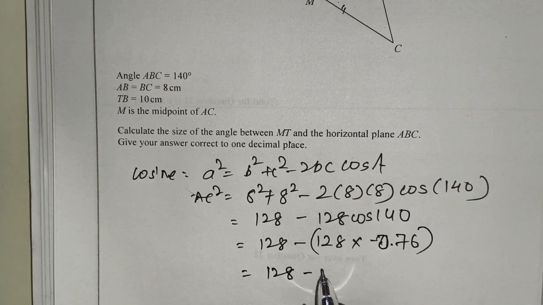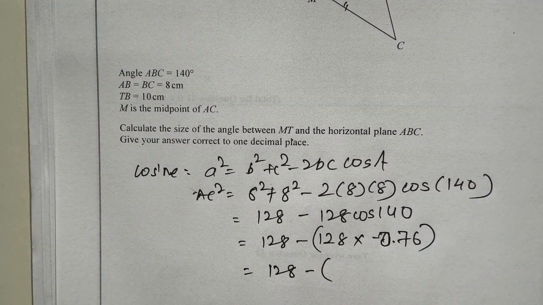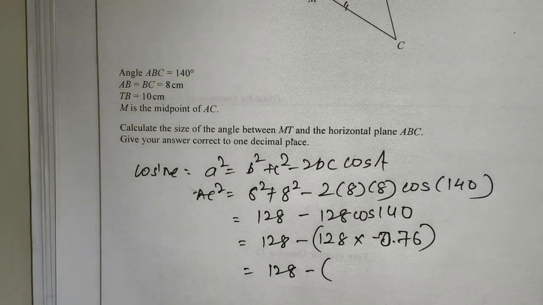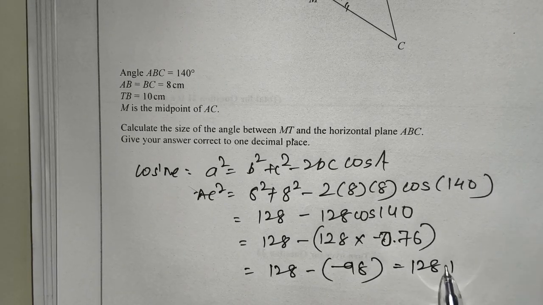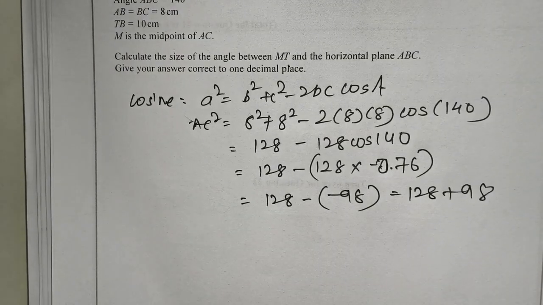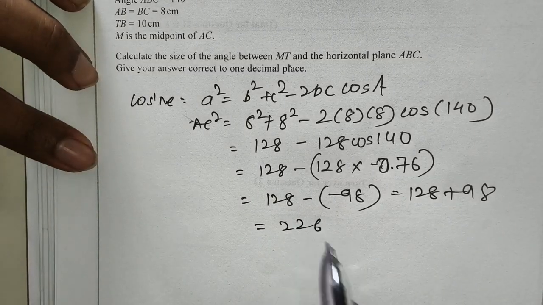So let's convert. 128 into minus 0.76 becomes minus 98, so it is 128 plus 98, which is equal to 226.